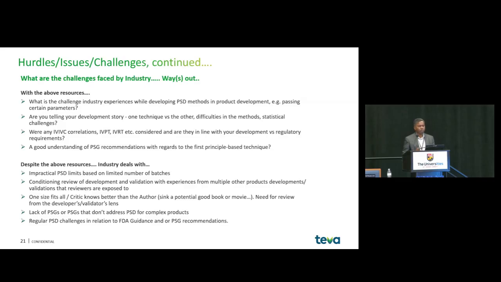Reviewers are exposed to a lot of information, to a lot of applications. And therefore, we begin to wonder, are they clouded by all this information? Because it's a wealth of information, but if you're not focusing on the specific application, the technology used, the development story, then are you biasing your review towards a generalized view instead of the specific application?